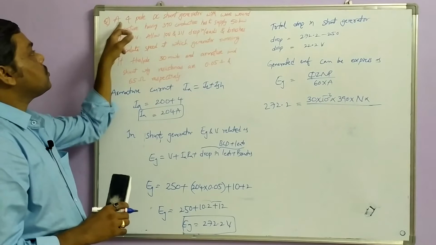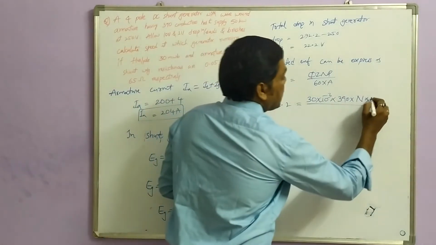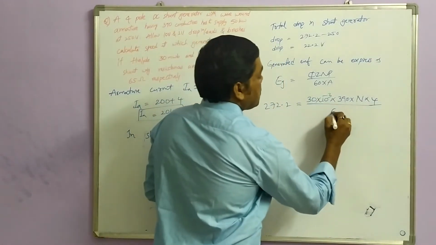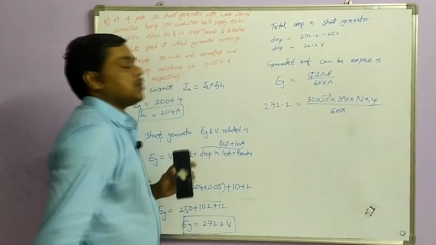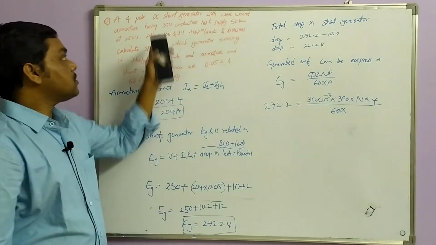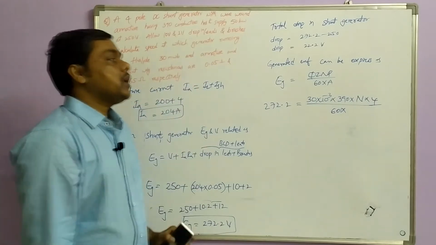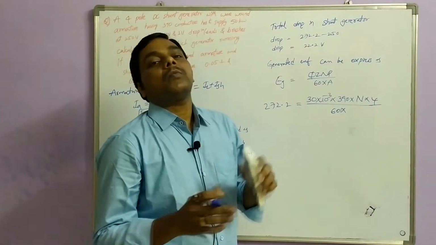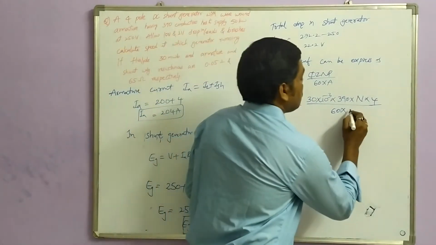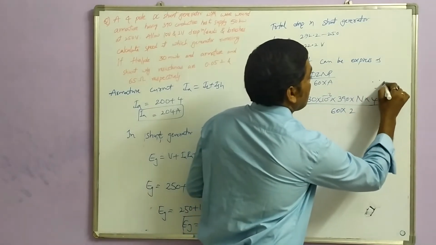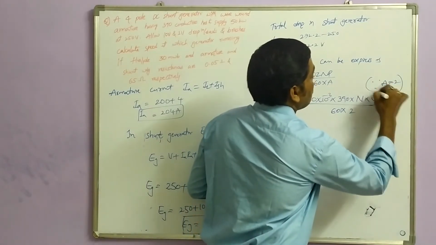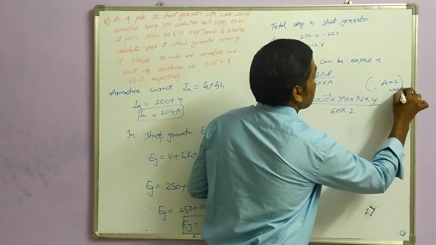So the number of poles is 4, I will write here 4, and 60 into the number of parallel paths. So how many parallel paths are there? Since it is a wave winding, the number of parallel paths is always 2, so A is equal to 2 for wave winding.